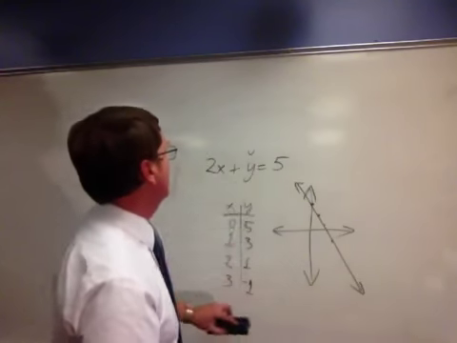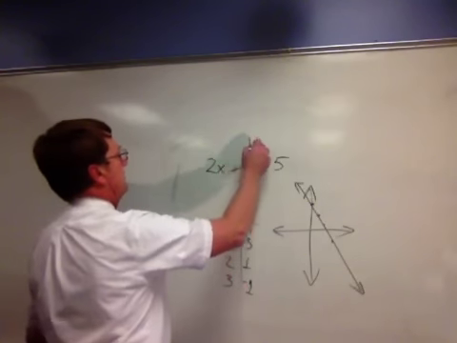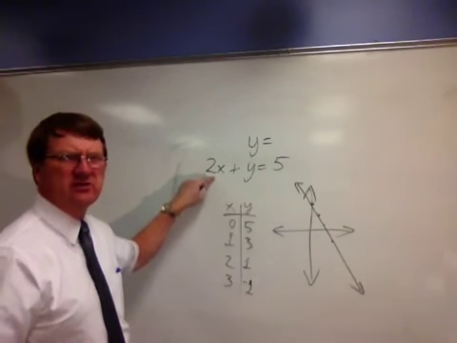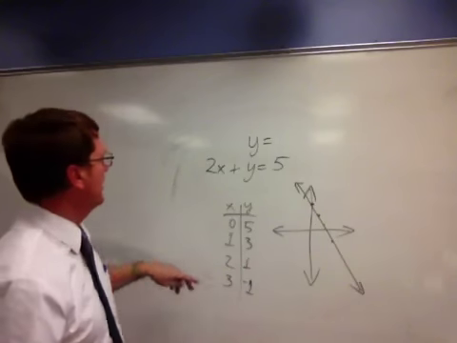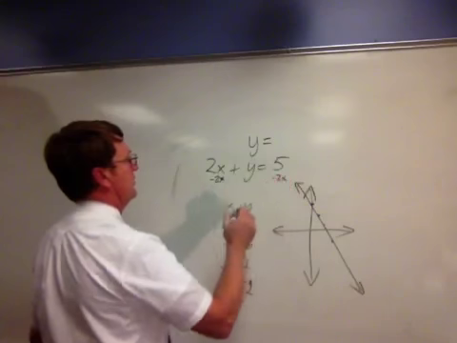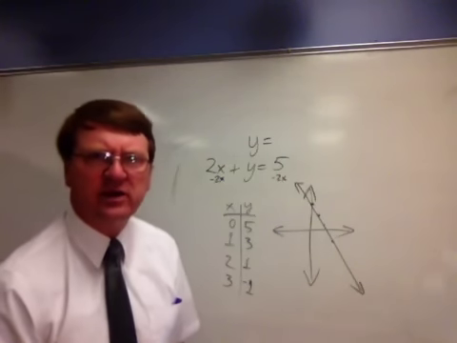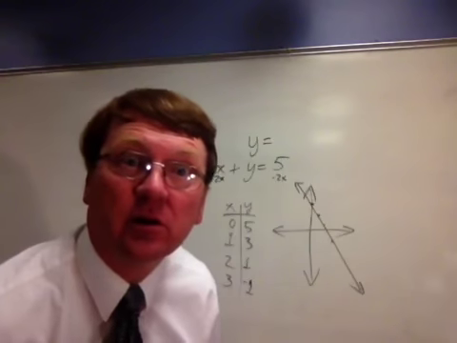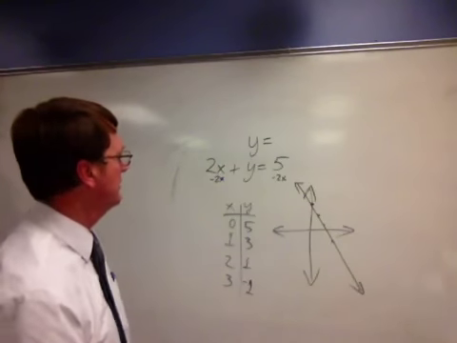You have to get y all by itself. How do you get rid of the 2x? And don't tell me you just erase it. That doesn't work. The opposite of 2x is subtract 2x. How do you take 5, subtract 2x? Is that 3? Anybody there? No, it's not 3.